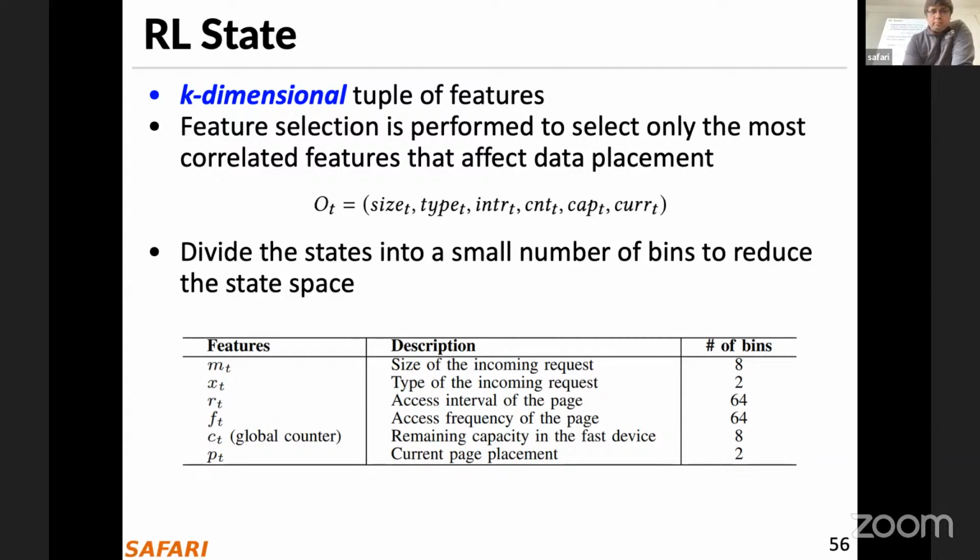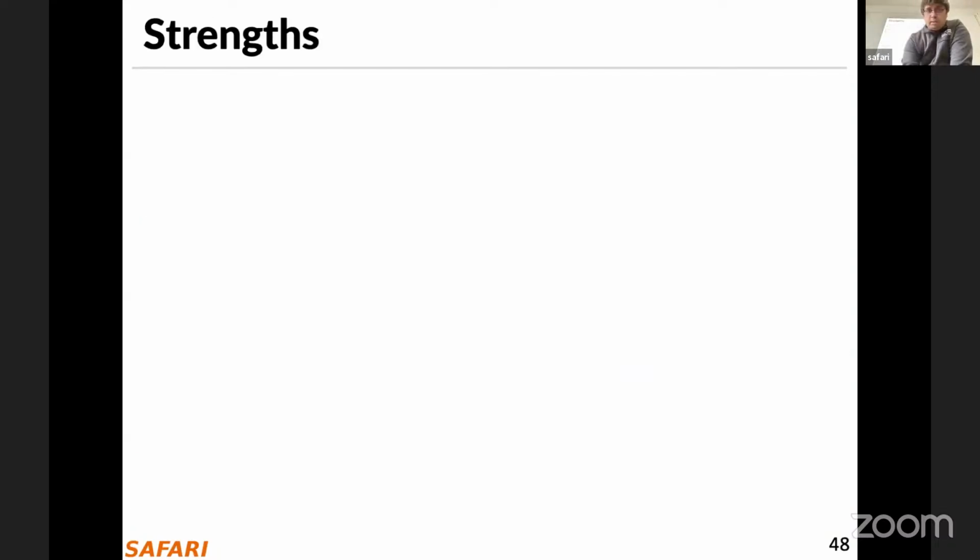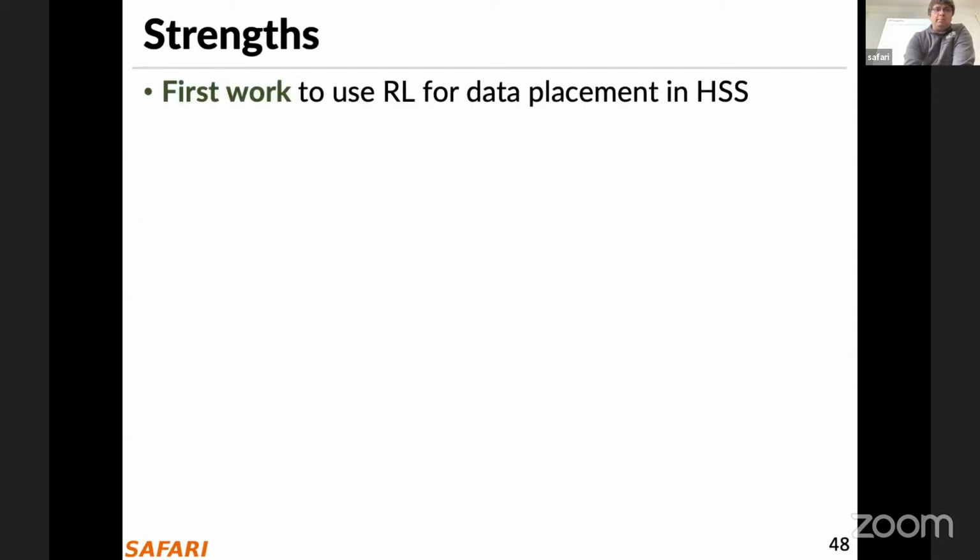Okay, so I'll move to the critical analysis. Let me start with the strengths. The strength of Sibyl is that it's the first work to use RL for data placement in hybrid storage systems.